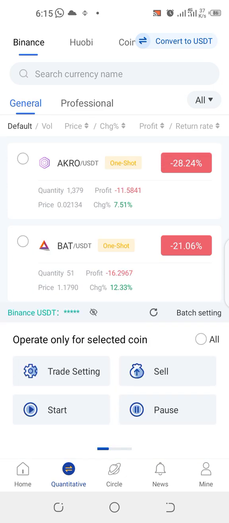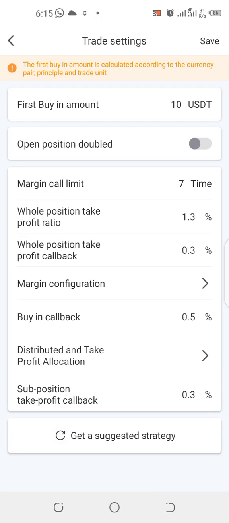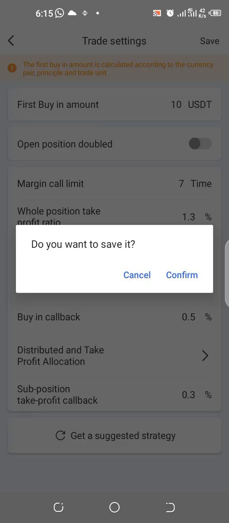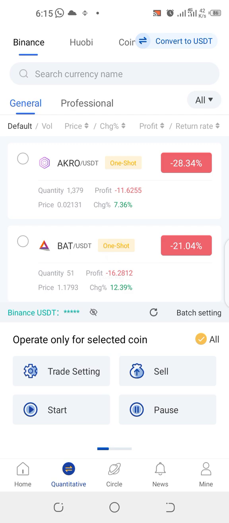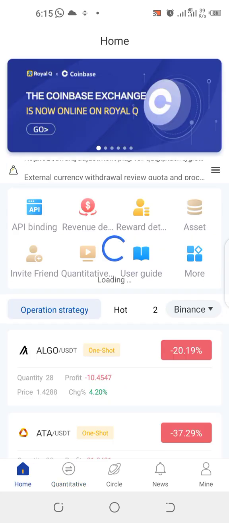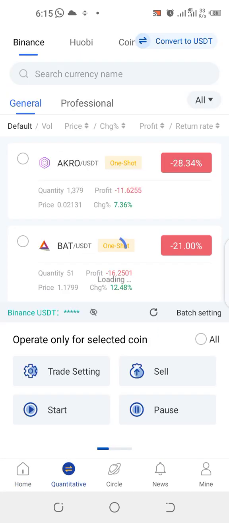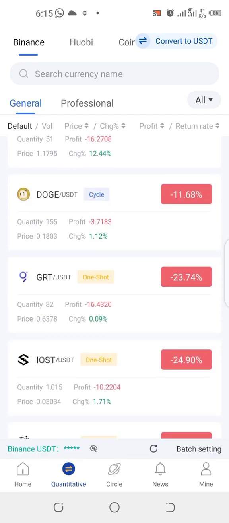If you click on batch setting and you click on all, you can make trade settings for everything at once, apply it across board and save, to apply to every coin. That's what I did for all the coins I'm trading. It makes it easier, so you don't have to keep setting up trades on one coin at a time. And of course, here under quantitative, you can see the current balance of USDT in your Binance.